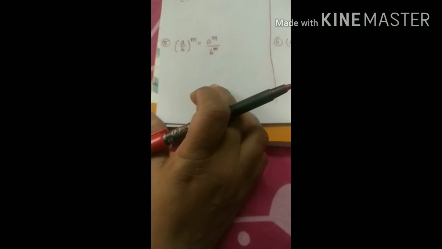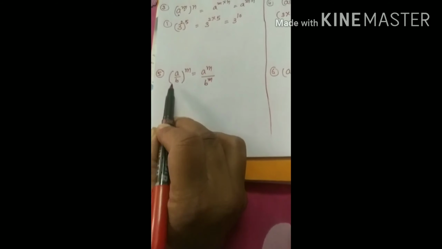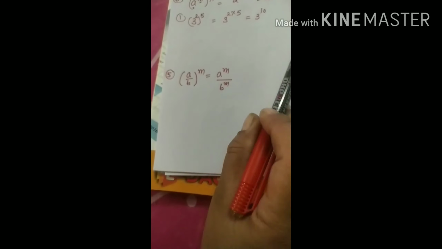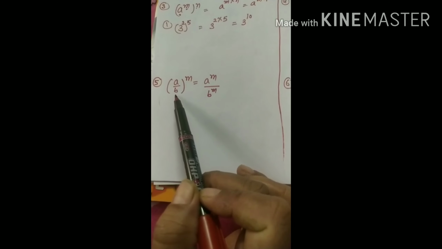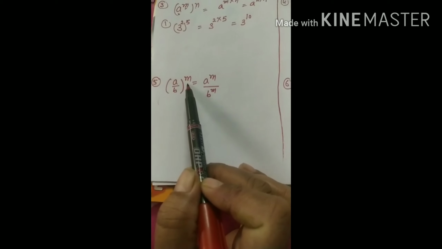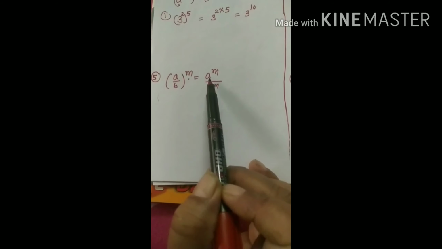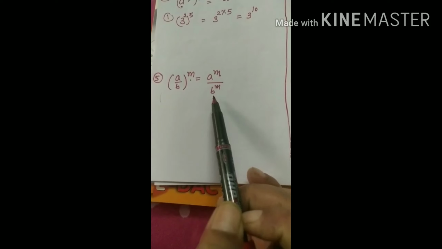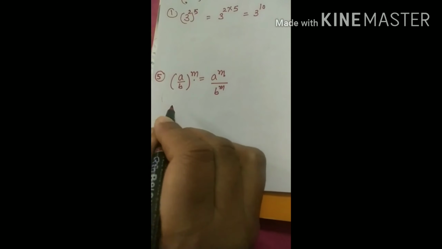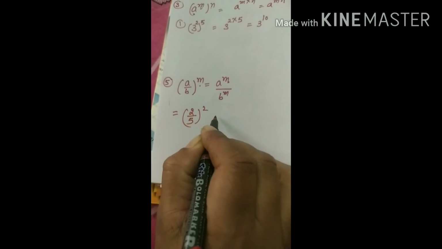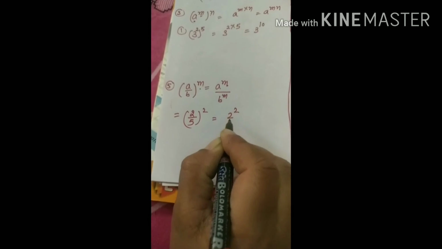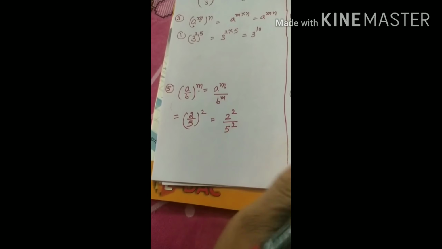Now the next example, we will write the same concept for a rational number. If one rational number has power m, that means the numerator also has the same power and the denominator also. Like if 2 upon 5 has power 2, it means 2 power 2 upon 5 power 2.